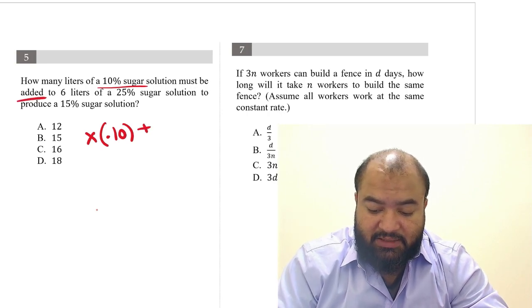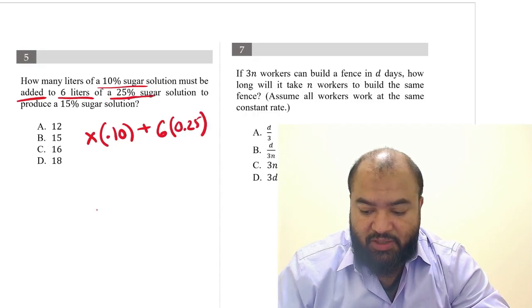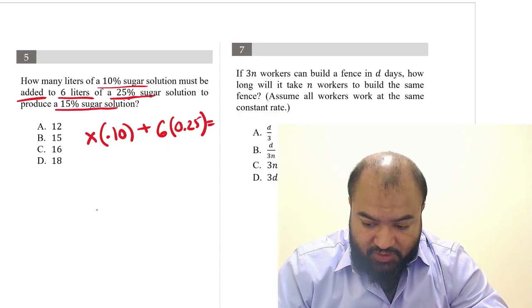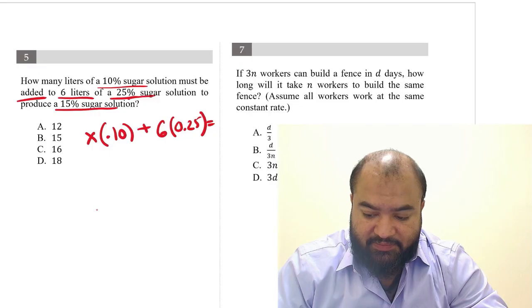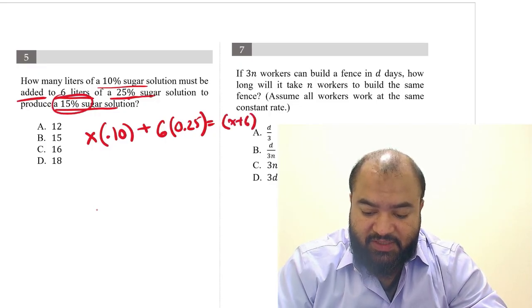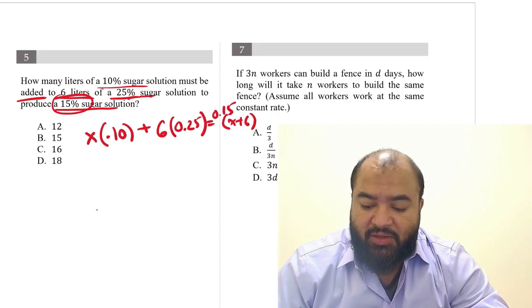Plus 6 liters of 25% sugar. In this 6 liters, 25% of it is sugar. In total I added 6 and x liters, so x plus 6. But you want it to be 15% sugar, so multiply by 0.15. That's how you make the equation.